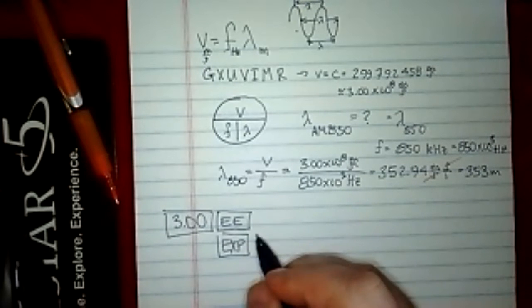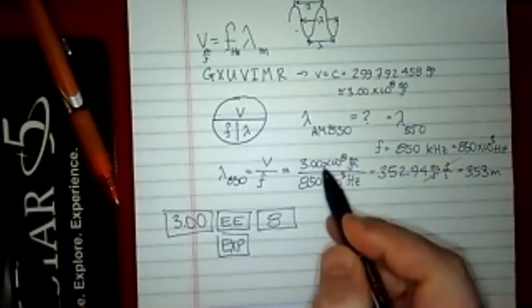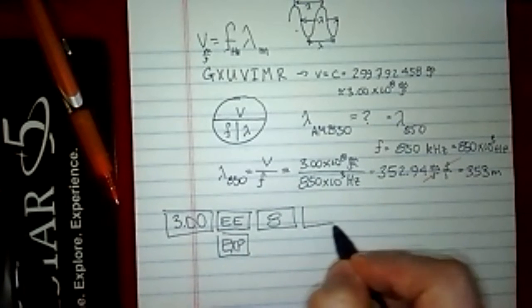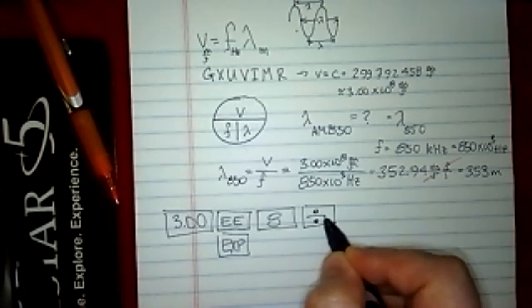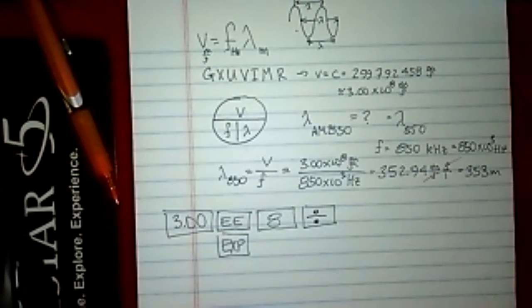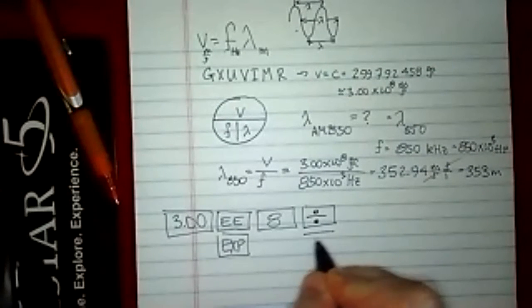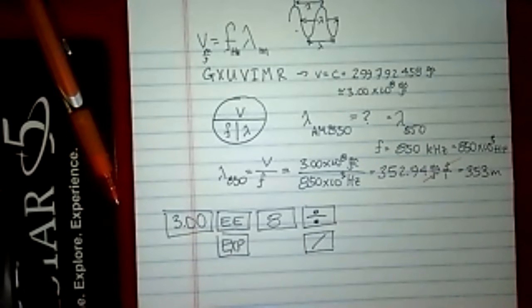Whichever button it has, you hit that, and then you do 8, and that gives me 3 times 10 to the 8th. Then I'll hit my divide button, which might be 2 dots separated by a horizontal slash, a virgule, I believe it's called, or it might just be a slash like this.